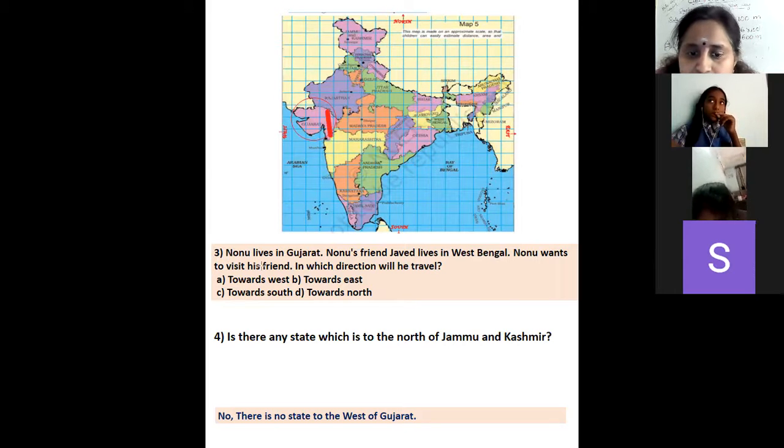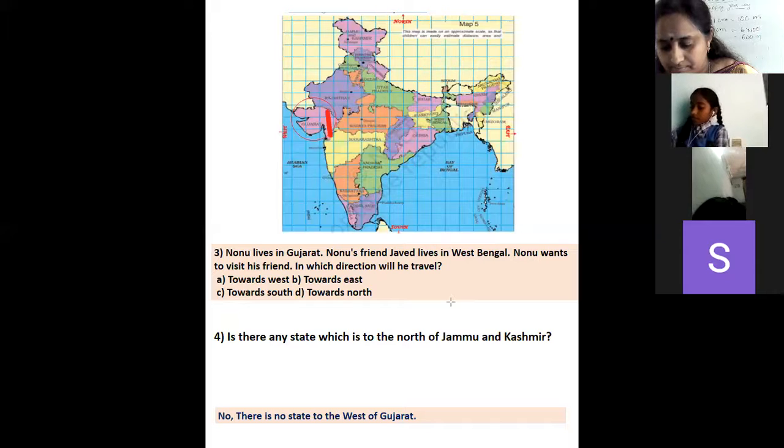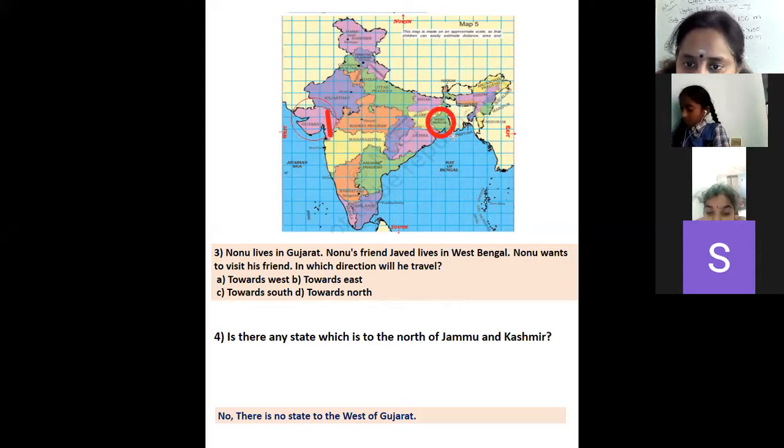Nonu wants to visit his friend. His friend lives in West Bengal. Where is West Bengal? Look at the map clearly and tell me. Madhya Pradesh and after that Odisha, ma'am. Very good. Here it is West Bengal.